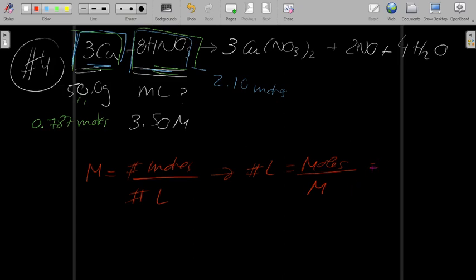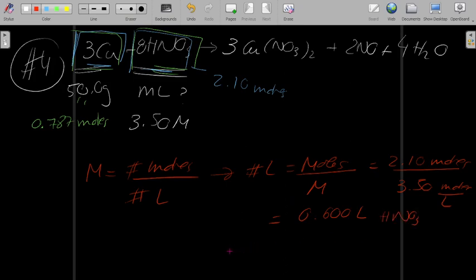So let's plug in the information, because you do know now the number of moles, 2.10 moles, and the molarity was given to you, 3.50, which is moles per liter. Plug it in, and you find that you need 0.066 liters of that acid.